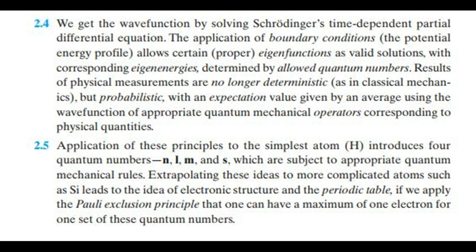Extrapolating these ideas to more complicated atoms such as Si leads to the idea of electronic structure and the periodic table. If we apply the Pauli exclusion principle, one can have a maximum of one electron for one set of these quantum numbers.